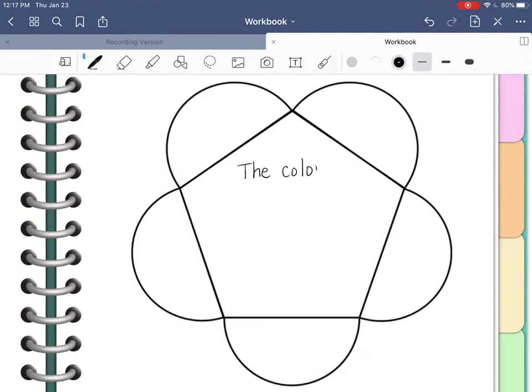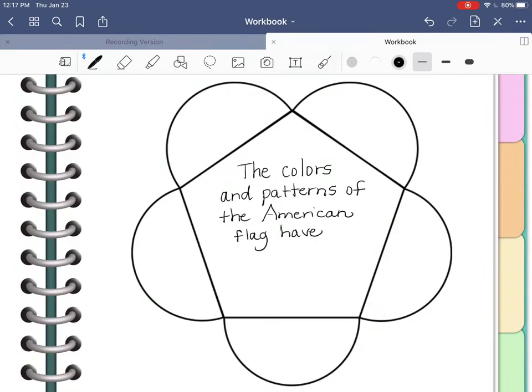The colors and patterns of the American flag, I always capitalize America, have meaning. Okay, so that's that dandy main idea sentence yet again.